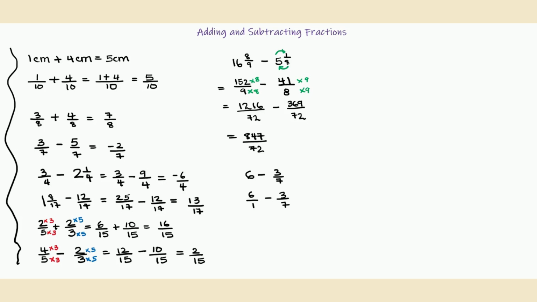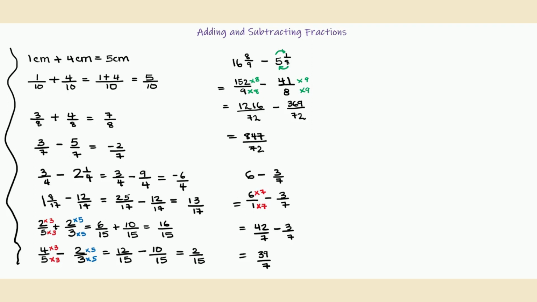Now, since I can multiply 1 times 7 to have the same denominator as this fraction, I don't actually have to multiply both. I can just simply multiply this one. So 1 times 7 will get me to the same denominator as this fraction, and remember to do that to the numerator as well. 6 times 7 is 42 over 7 minus 3 over 7, which is 39 over 7.